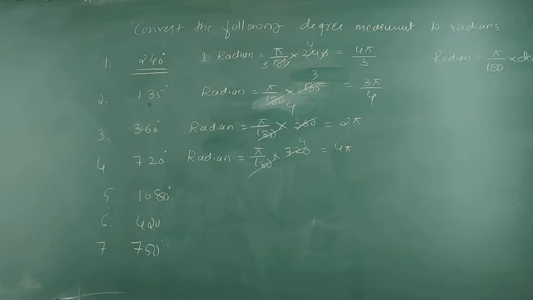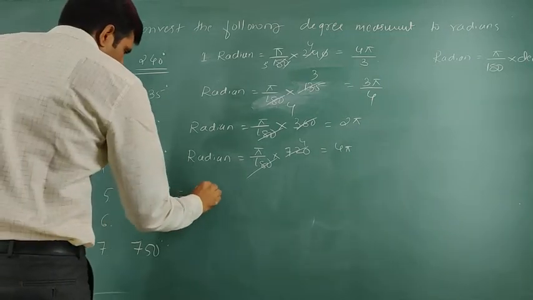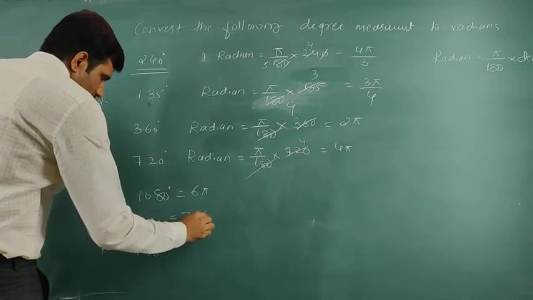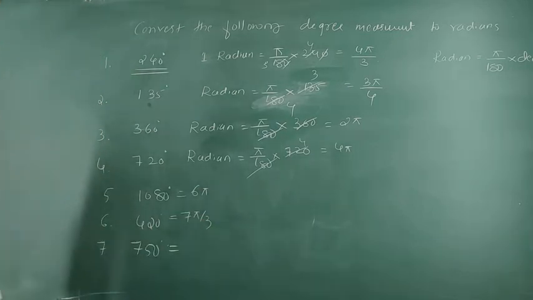Sixth one, 7 pi by 3, sir. Yeah, 7 pi by 3 is correct. This is 6 pi, this is 7 pi by 3. Then 750. Last one, 25 pi by 6. Right, 25 pi by 6.